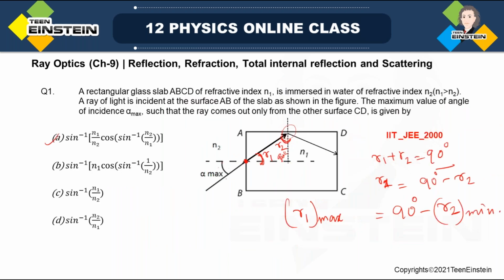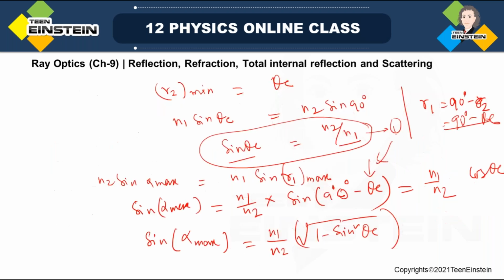Let us keep like this itself, so no need to go for again. So cos theta c means again cos of sine inverse n2 by n1. So we have got this as sine alpha max.